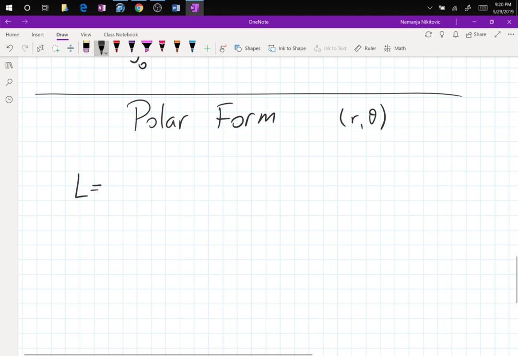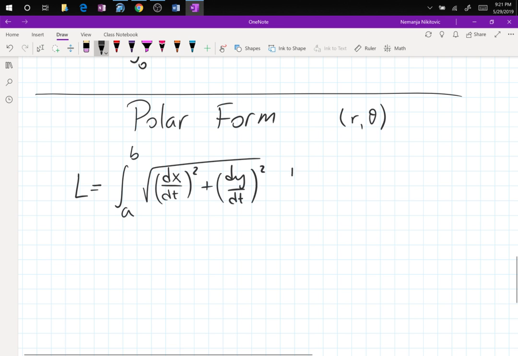So for the polar form, we start with L equals integral a to b square root of dx dt squared plus dy dt squared dt. So this is our starting point. Now, we are going to rename t to theta.